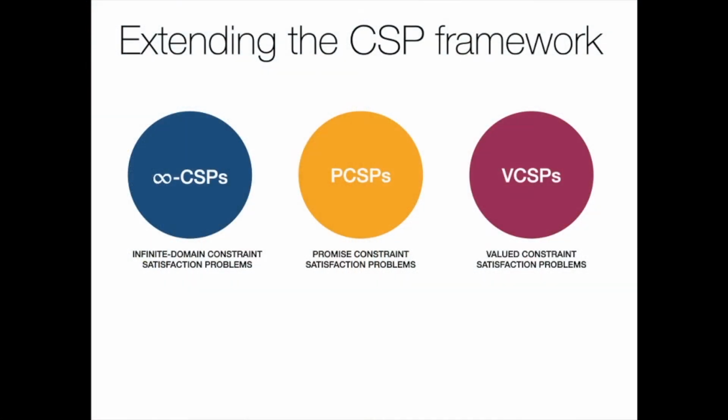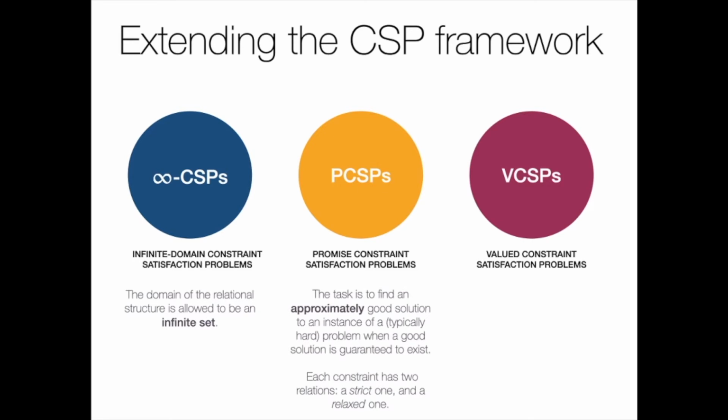There are three extensions of the notion of CSP: infinite domain constraint satisfaction problems, or infinite CSPs, promise constraint satisfaction problems, or PCSPs, and valued constraint satisfaction problems, or VCSPs. In an infinite domain CSP, the domain of the relational structure is allowed to be an infinite set.